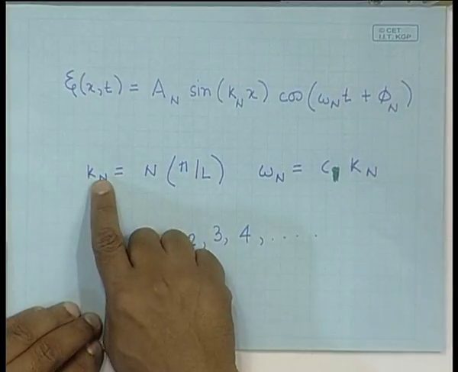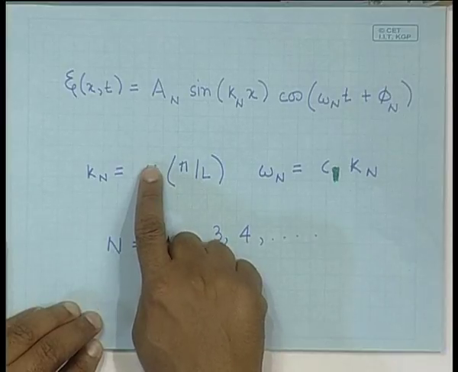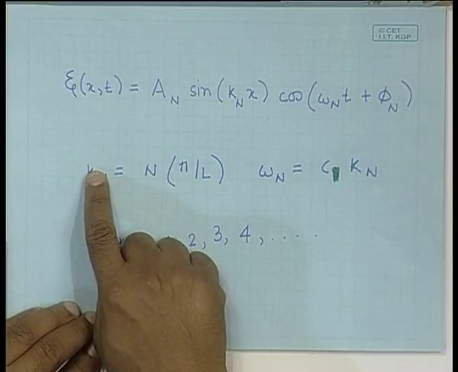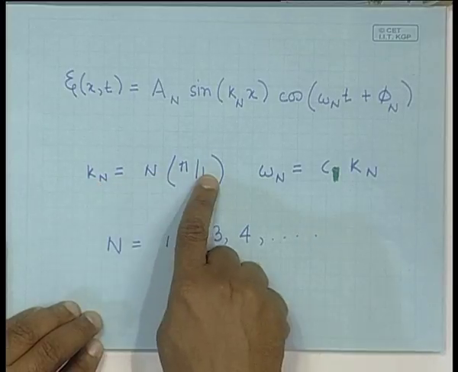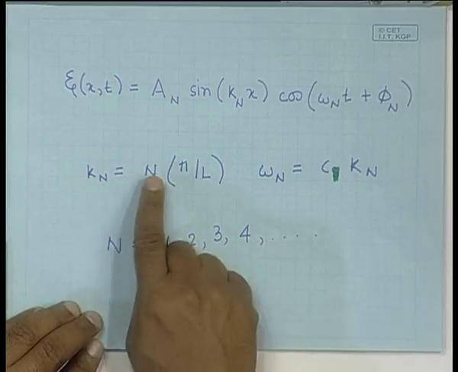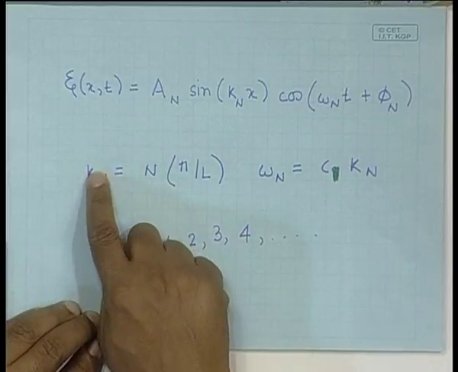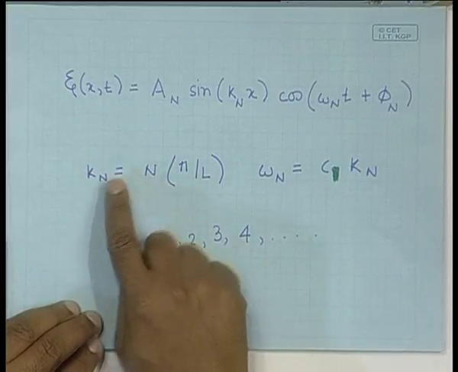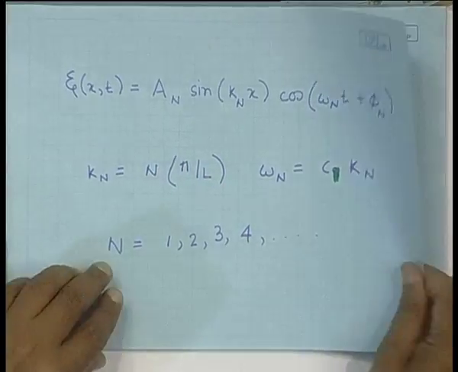So, for k2 there is going to be a factor of 2 over here. 2 pi by k gives the wavelength. So, when n equal to 2, the wave number is 2 pi by L. 2 pi divided by the wave number gives the wavelength. So, 2 pi divided by 2 pi by L gives me L.